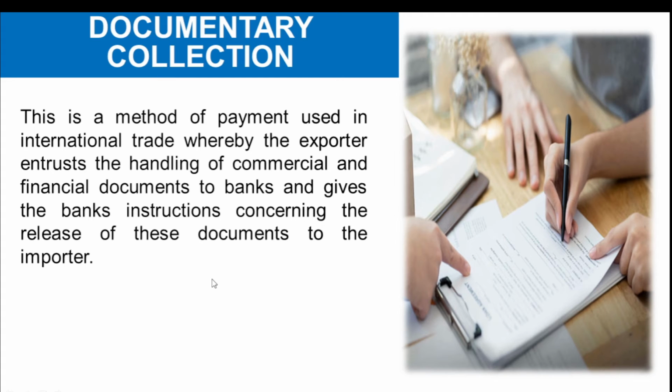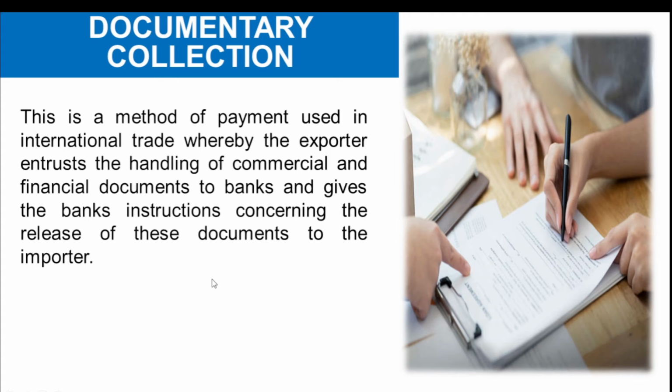Port of loading and port of destination. I'll be making it all clear in the next video, but till now understand that after shipping the goods, all these documents are generated with the seller, the exporter.